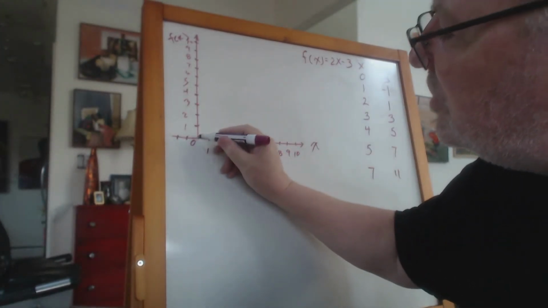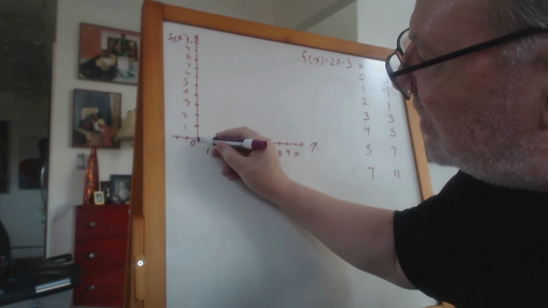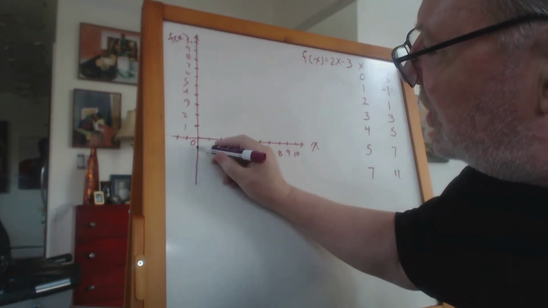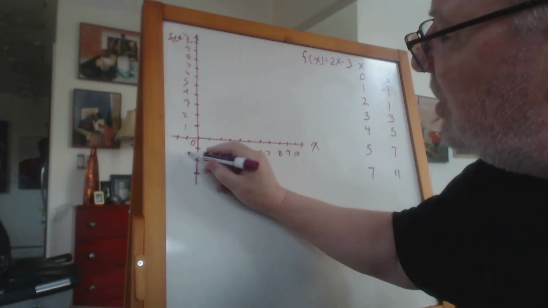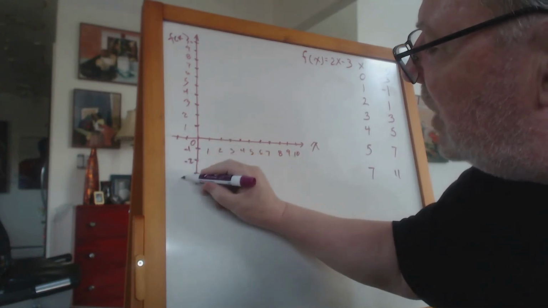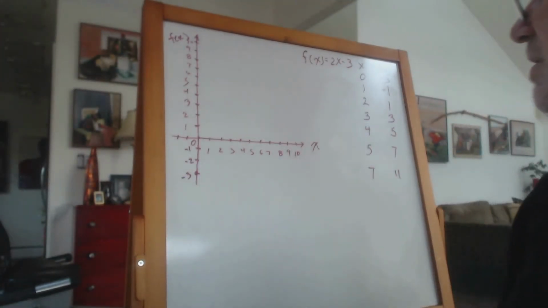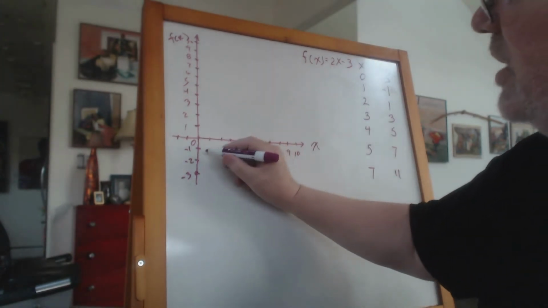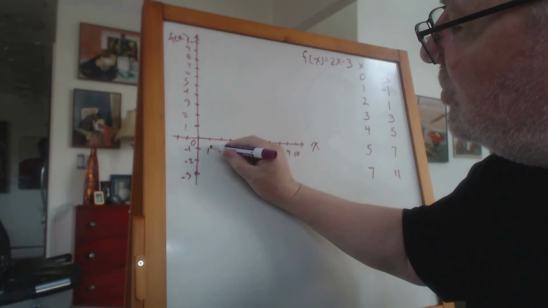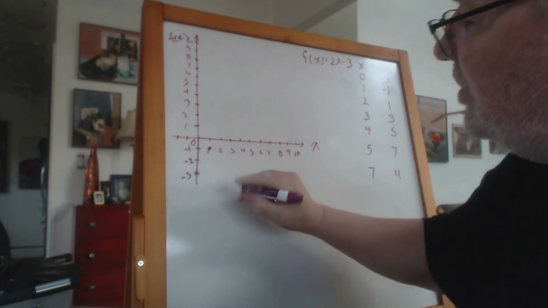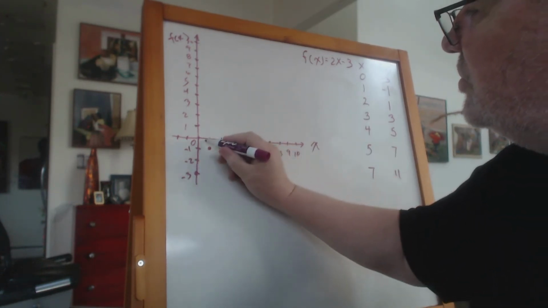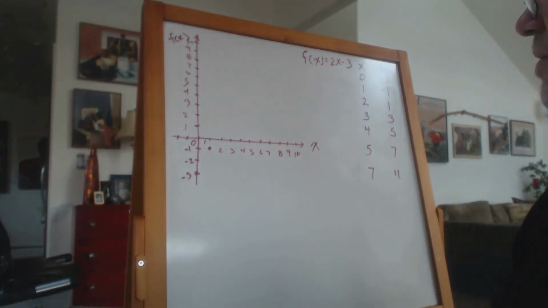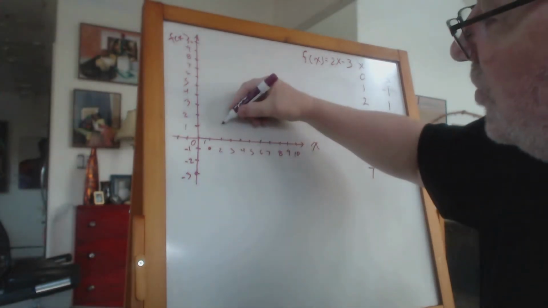When x is 0, sorry about that, guys. Minus 1, minus 2, minus 3. Okay, when x is 0, we got minus 3. When x is 1, we have minus 1. So it's right in there. When x is 2, we have 1.